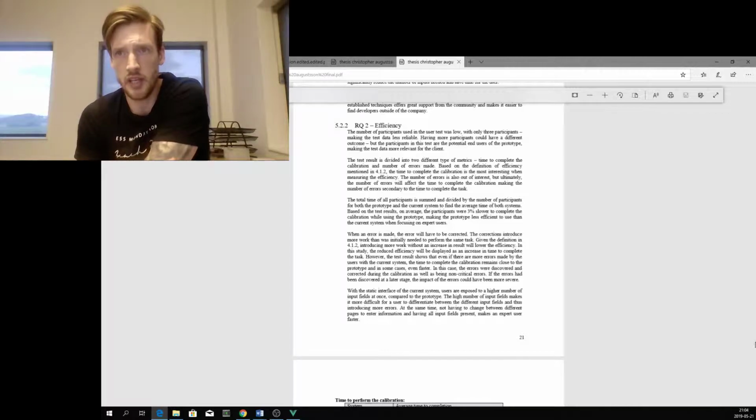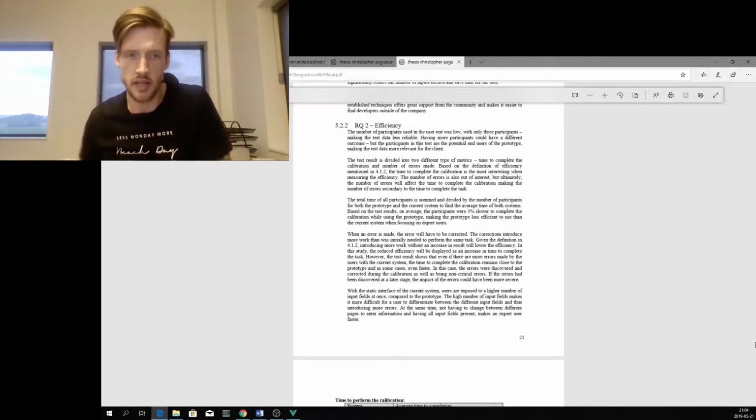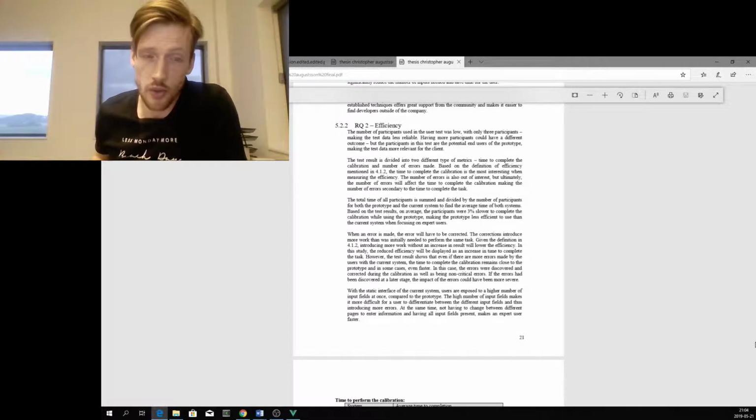The efficiency was not increased with the prototype. The users were on average 3% slower using the prototype, but did make far fewer errors.